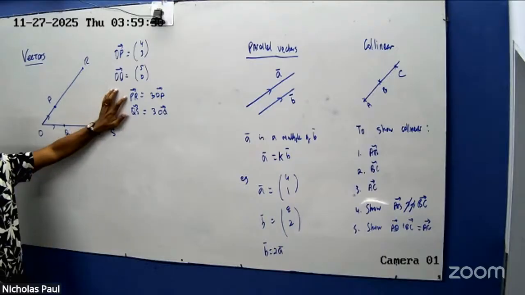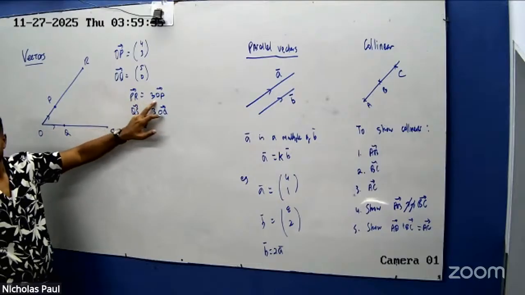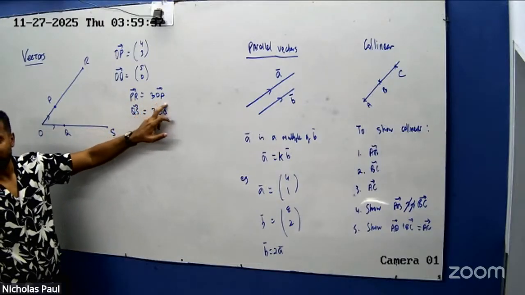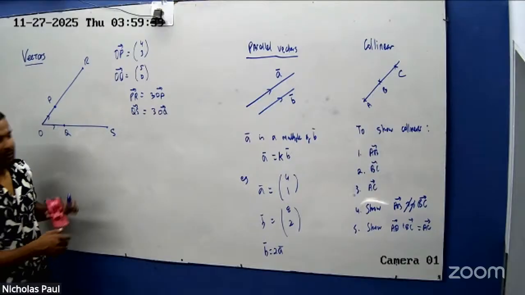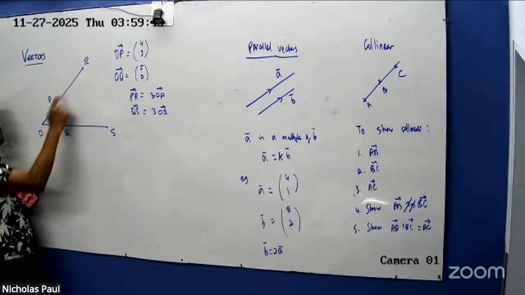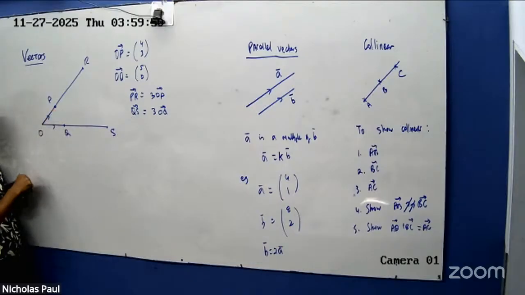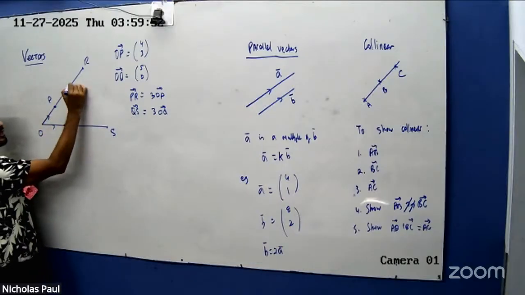So watch this here. Let's start here. PR is equal to what? 3 OP, right? So PR, this line here, is 3 times as long as this. That's okay? All okay with that? So how do I write that? Well, here's what I could write.